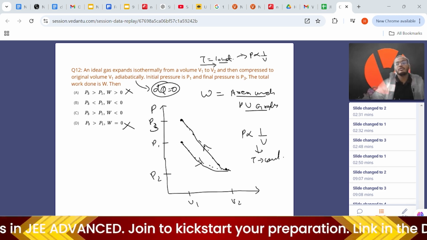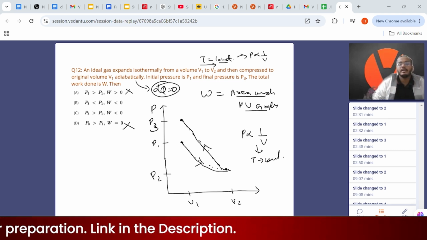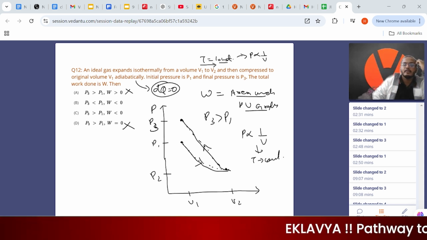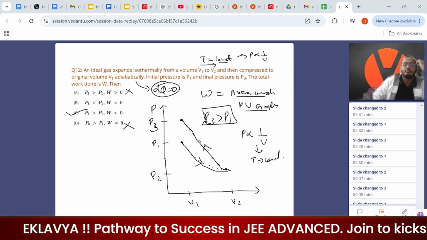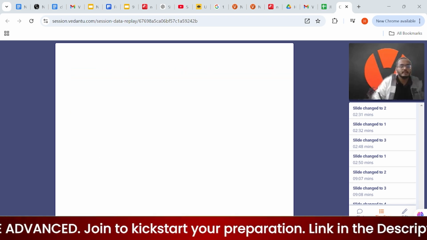So from that also we can see it. It will be gamma times more, so that's why it is steeper. Hence my pressure P3 will be greater than pressure P1. By this diagram we can conclude that option number C is the correct answer.